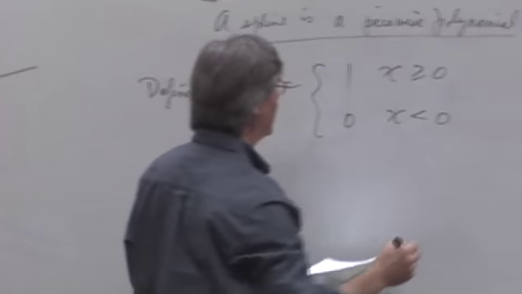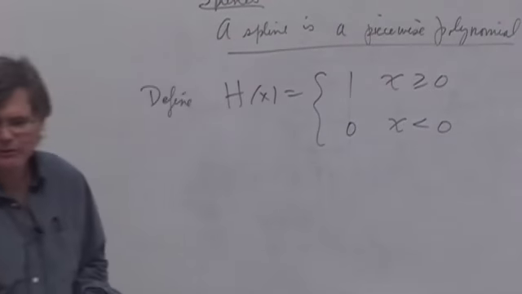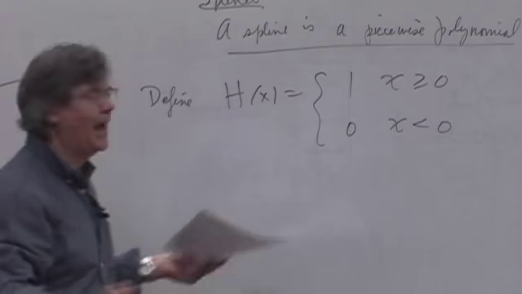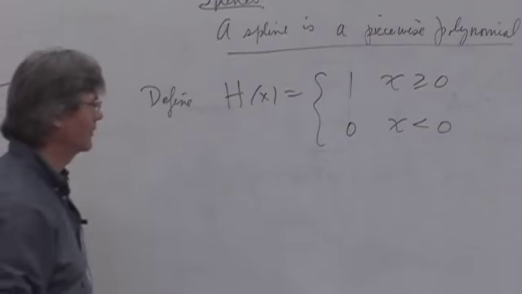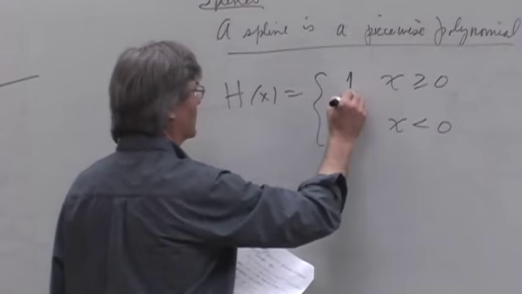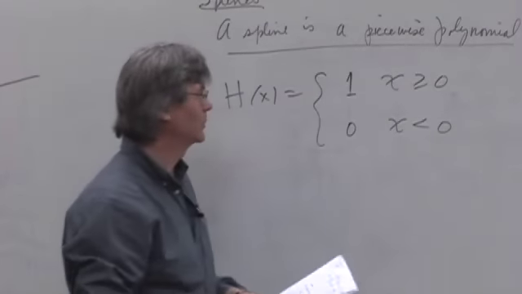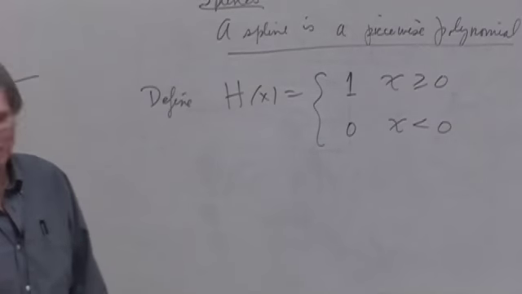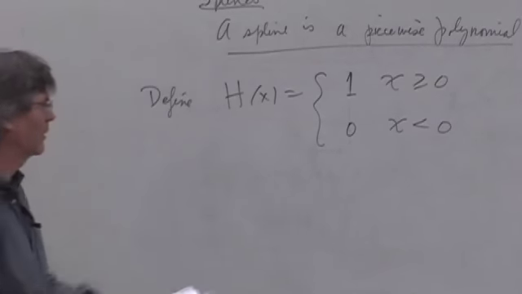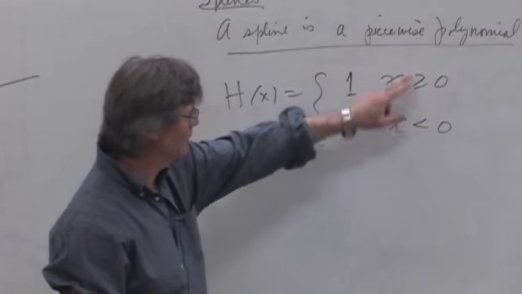Some people make it undefined at x equal to 0, or make it a half at x equal to 0, what have you. It doesn't really matter because we're not going to worry about single values that much. An author puts it 1 if x is less than or equal to 0, and 0 if greater, using different inequalities in this definition.